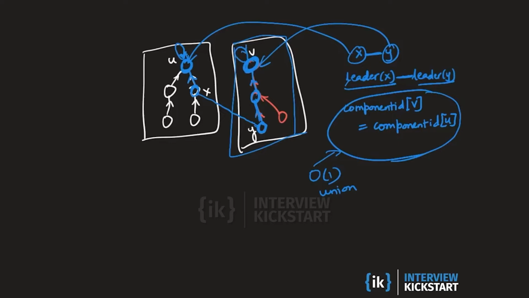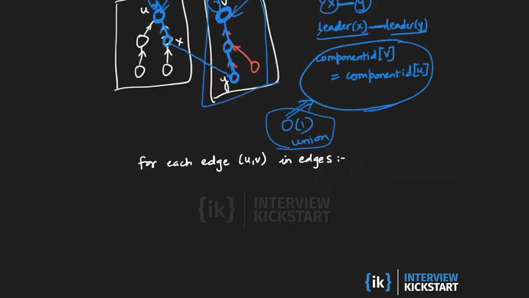And at that point we know that we have the leader of that component identified, and we then do this constant time operation of taking the union, which is basically converting the leader to the component ID of the other leader. So let's see how to modify our pseudocode to handle this way of doing union and find.